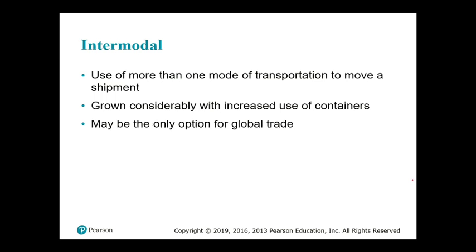Other than that, intermodal transportation is also a requirement because the majority of global trade is done through ship, which only brings the shipments to ports along the coast, which is not really accessible to most markets. So then we need to combine it with other transportation modes, transport it on rail, on trucks, to bring it to other markets.